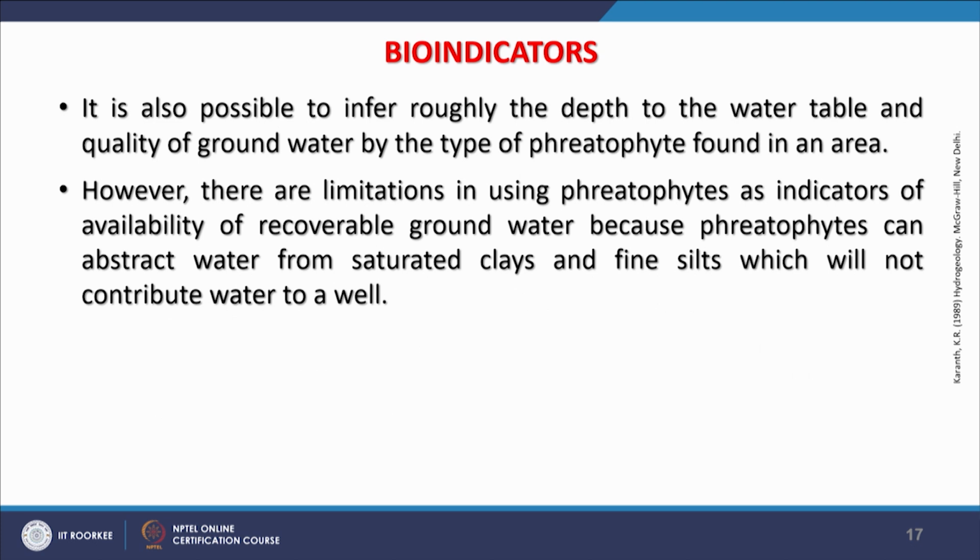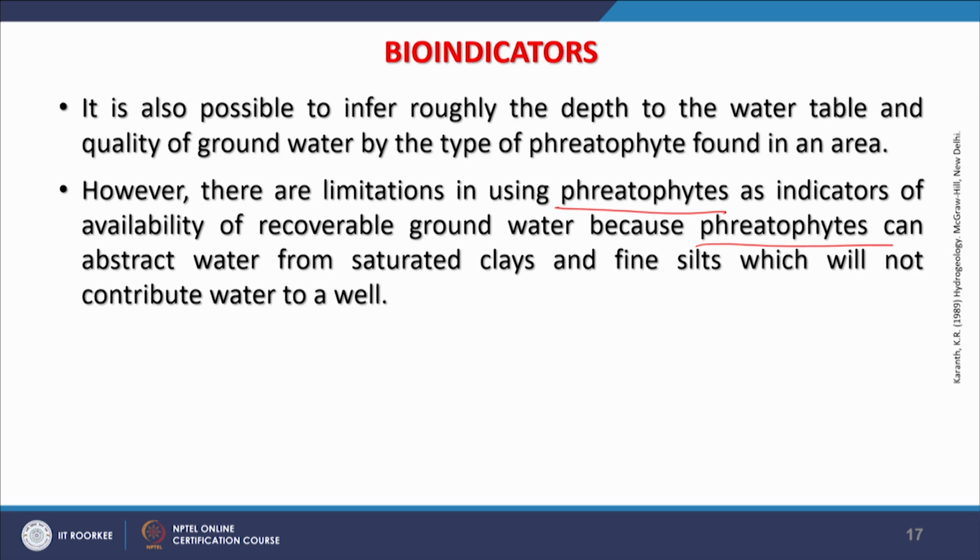However, there are limitations. Of course, these are just indicators, not conclusive. There are limitations to using phreatophyte plants as indicators of availability of recoverable groundwater, because phreatophytes can abstract water from saturated clays. And remember, clays may have very good porosity but very poor permeability, and these plants can get water even from clays.